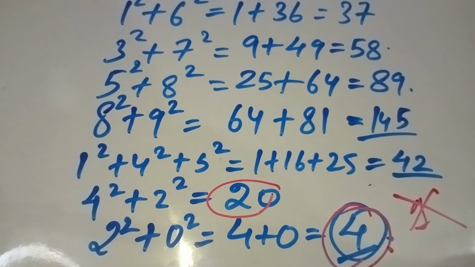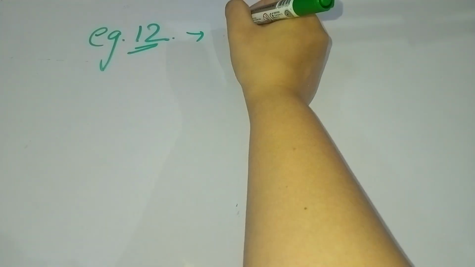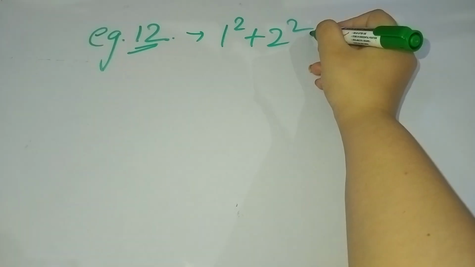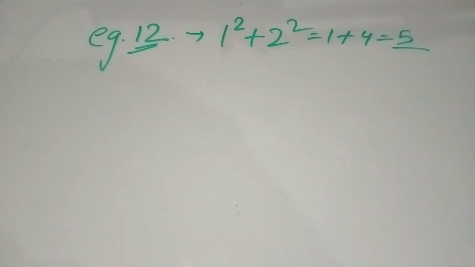Let's take another example, 12. So now we are taking the example of number 12. So 1 square plus 2 square. So 1 square is 1, 2 square is 4, so we'll get 5.